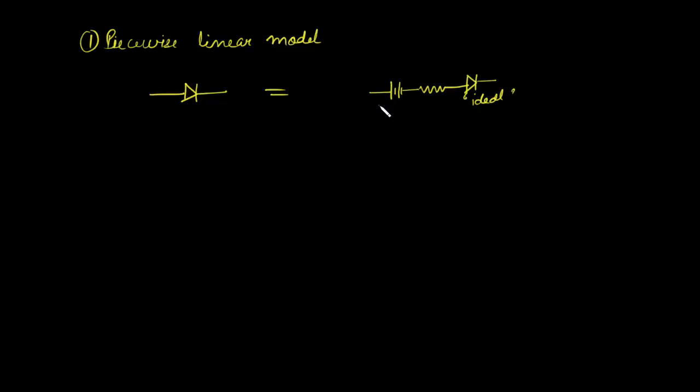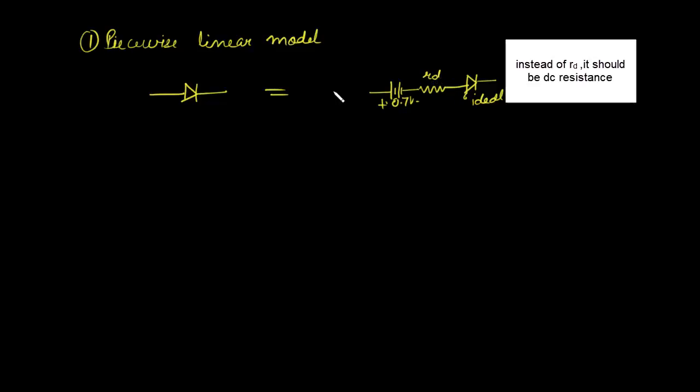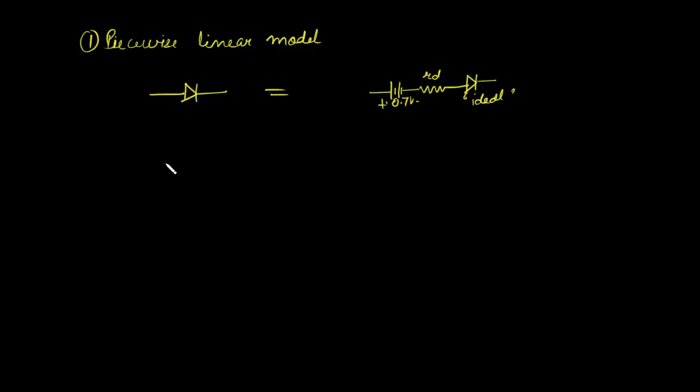This voltage drop represents 0.7 volt, which is generally the knee voltage drop for silicon diodes, and this is the RD. This is the diode resistance that we saw. This has a very small value. The next model is the simplified model.